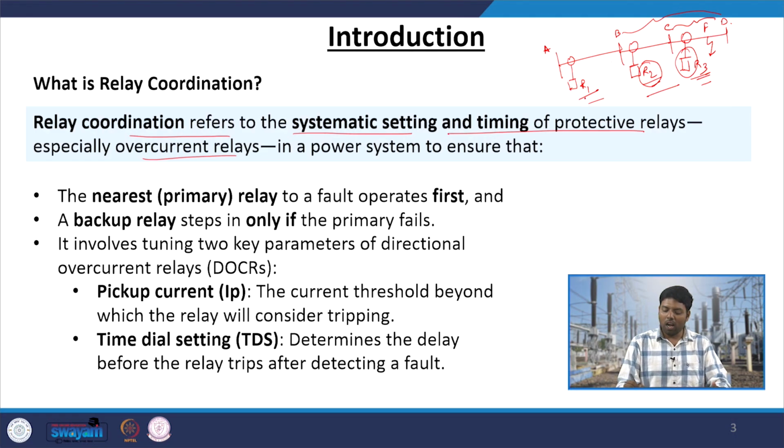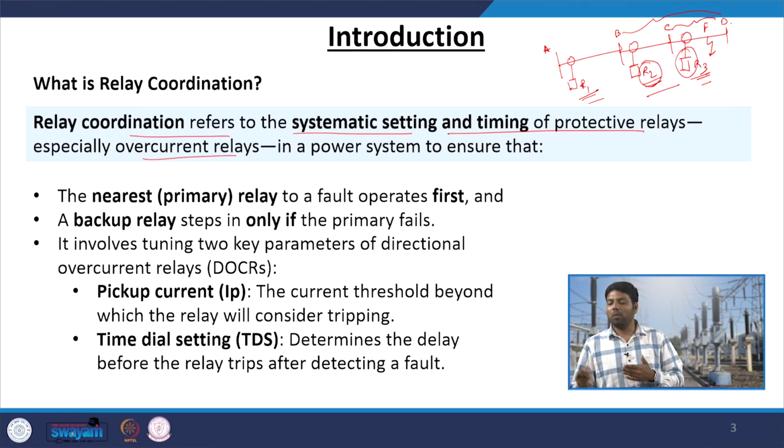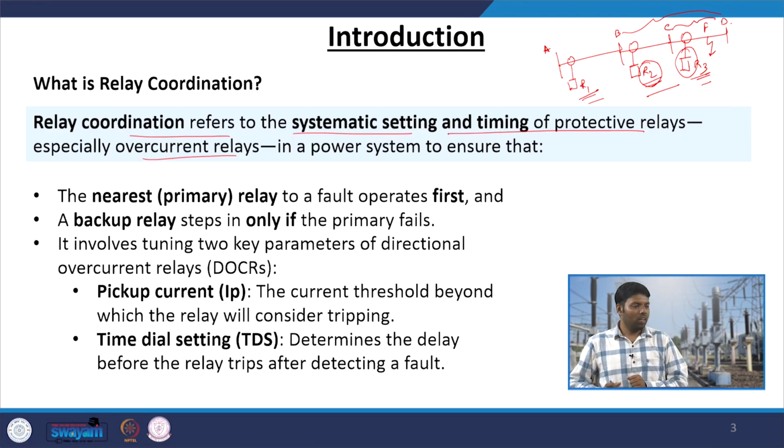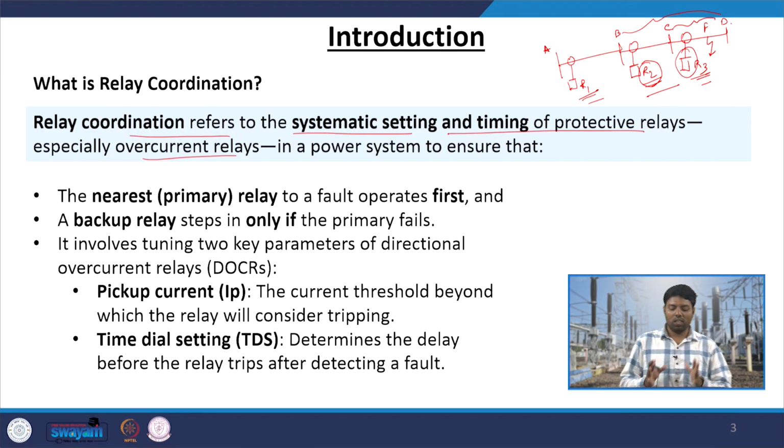So, the R1 and R2 relays have to operate some time later, and only when they sense that the primary relay R3 has failed to operate. That is called relay coordination, and it depends upon how you set R1, R2 and R3, depending upon the currents and the times of operation.